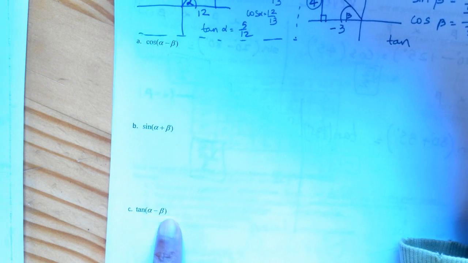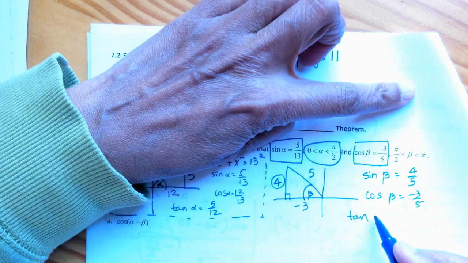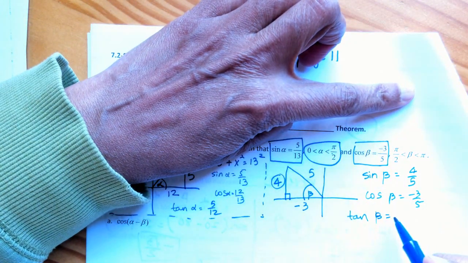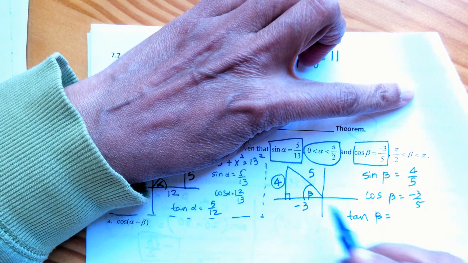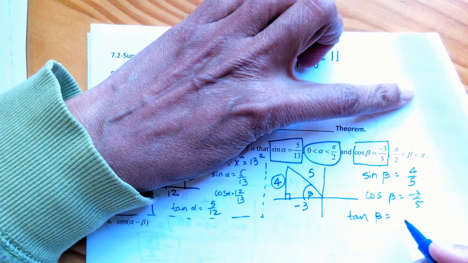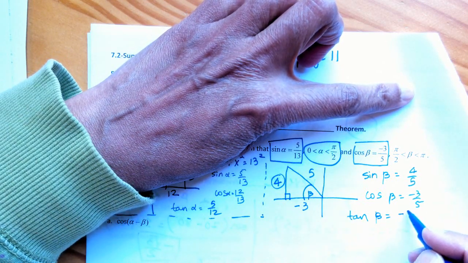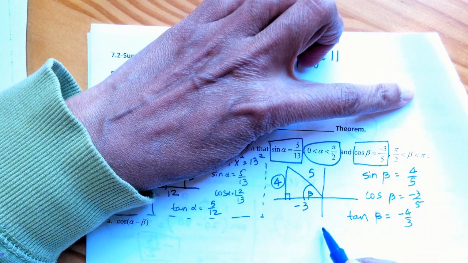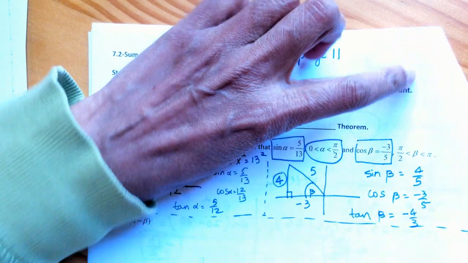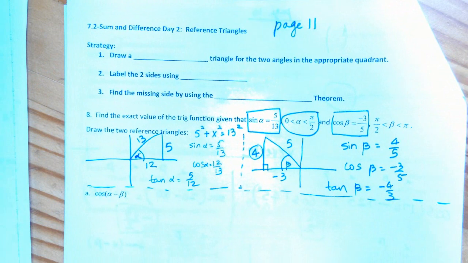The reason I'm writing tan is the last question is tan of alpha minus beta. So we need to know the tan value also. So tan beta is opposite by adjacent. So these are my two reference triangles.